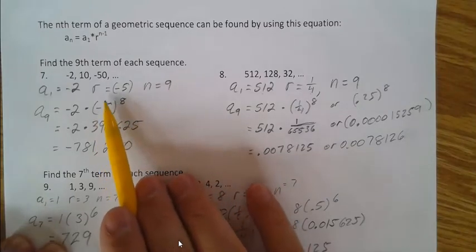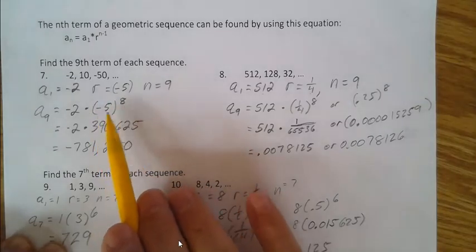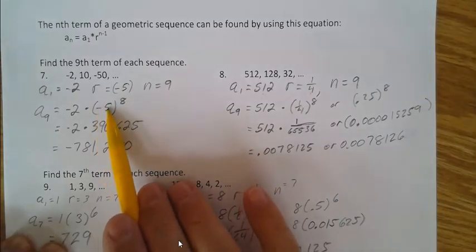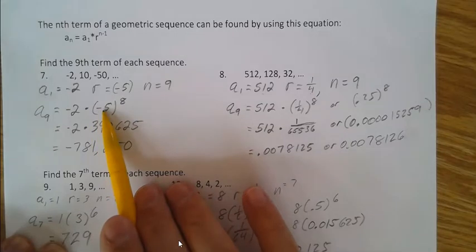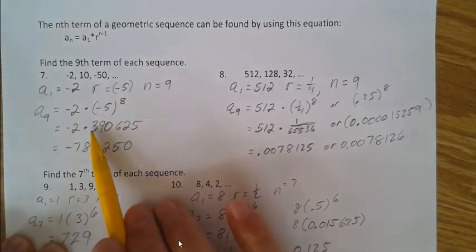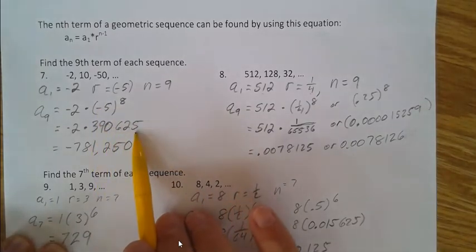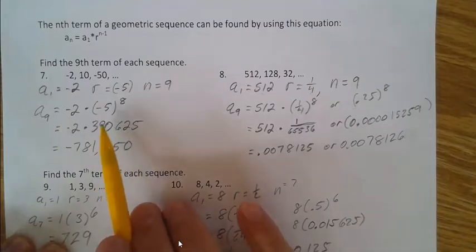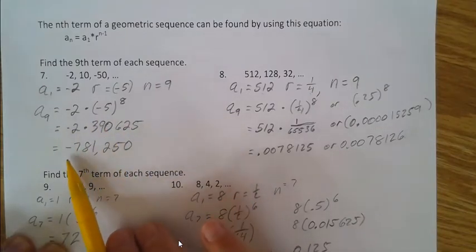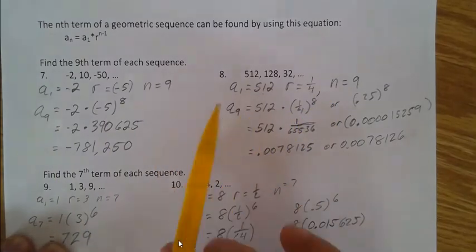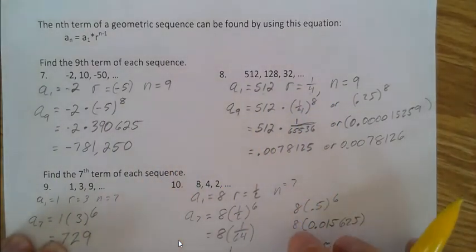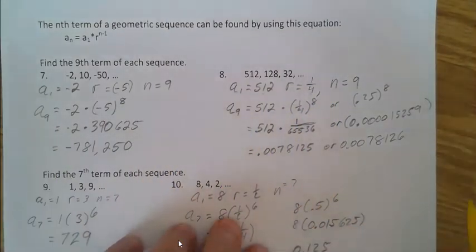Remember, you have to do the exponent first, and you have to make sure you include this negative when you do the exponent. So we get a positive 390,625, and then we take that times -2, and we get a negative 781,250.